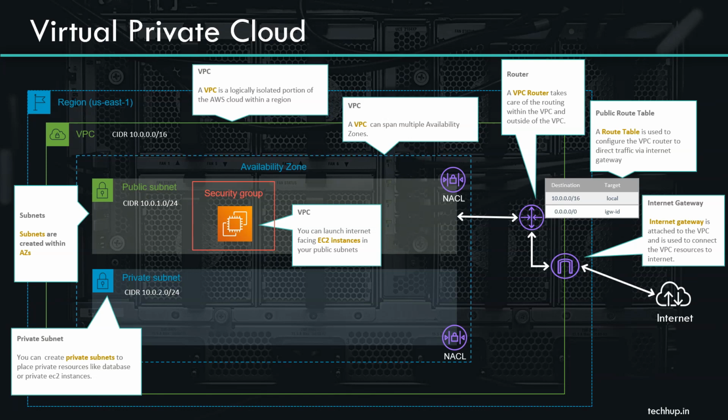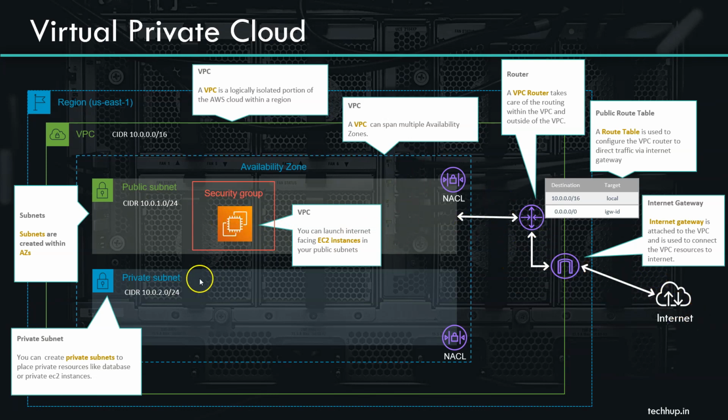We'll be creating route tables and internet gateways, and then creating the routes in the route table to drive the traffic from the public subnet to the internet gateway.